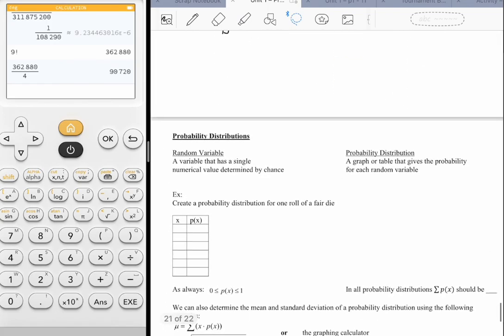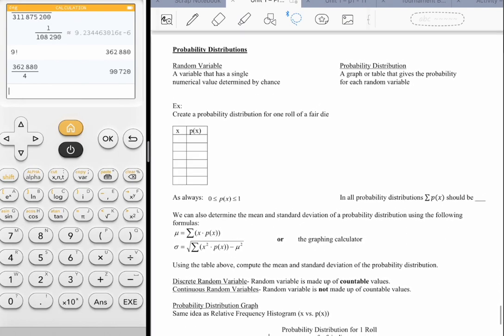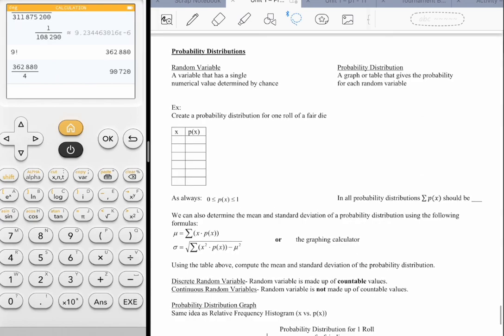So, probability distributions. I love this topic because it's almost like, now that we've completely mastered the mathematical area of probability, let's apply it. Well, we spent like a week and a half on it. Did we really?